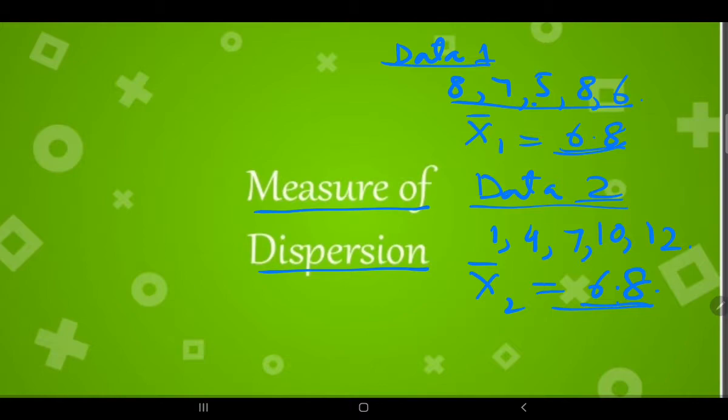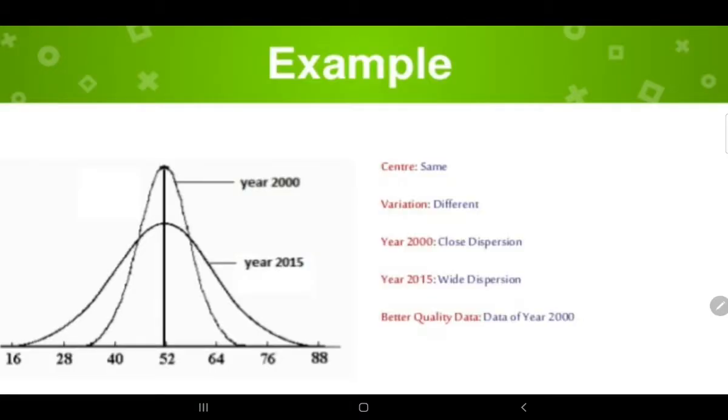For example, we have two sets of data which have a common point, here 51. One is year 2000, which is narrow and near to the central value.